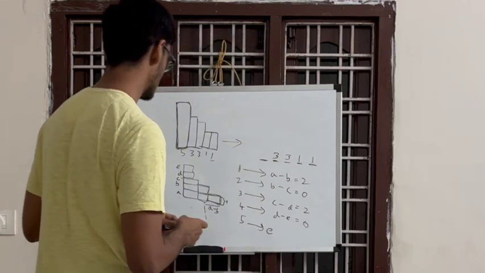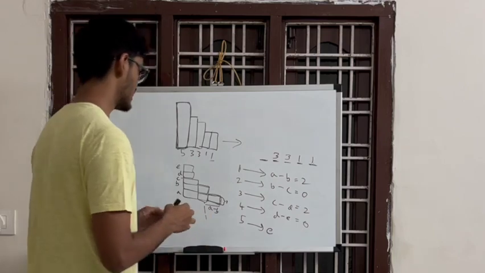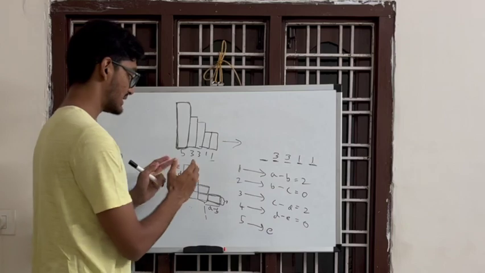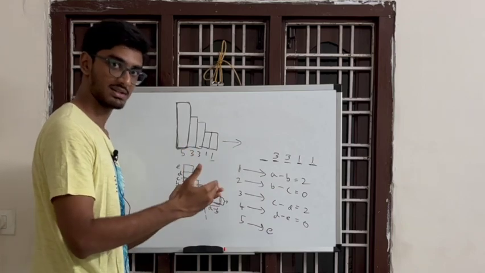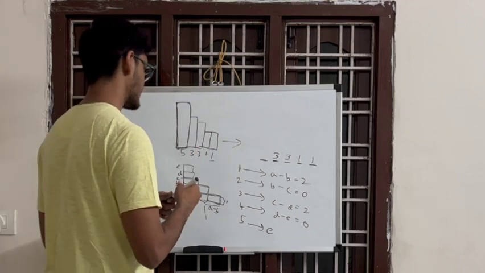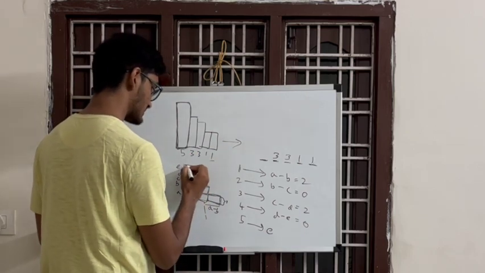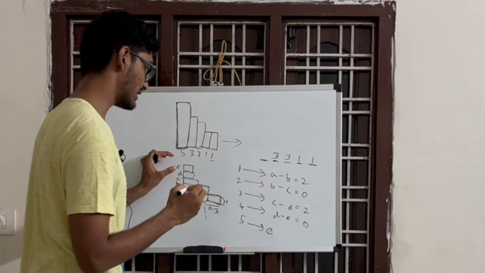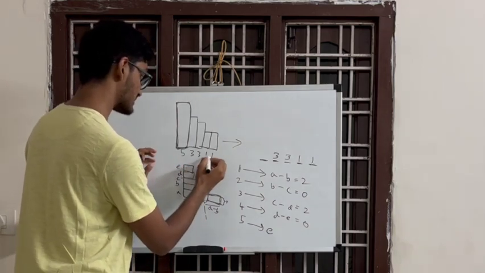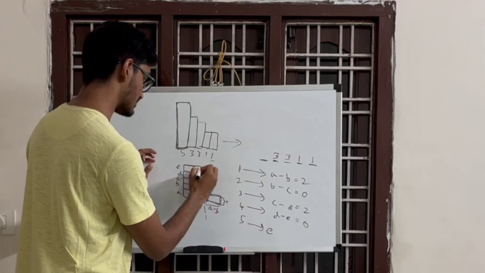Why is that? If you look at it, this block is the final block. After this, there are no blocks at all. So the length of this final block determines the length of this block, because if this is 2, then this will be 2, right?